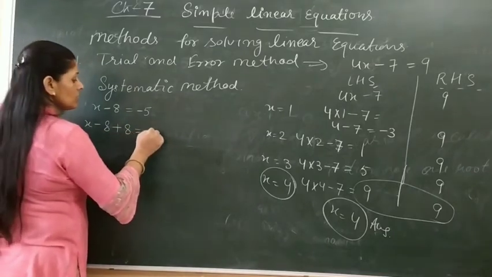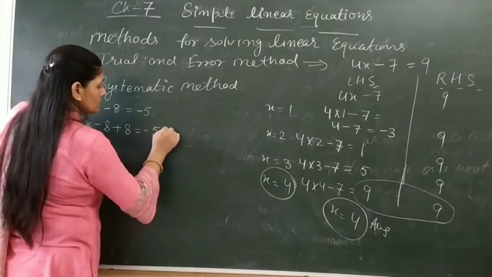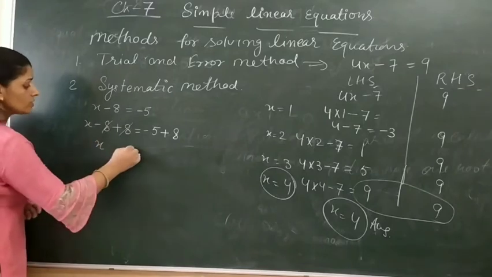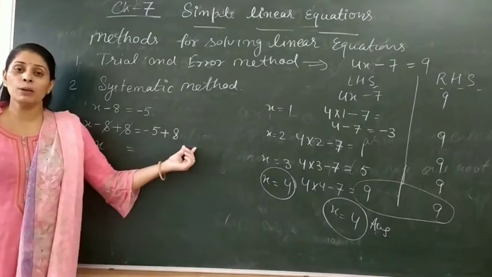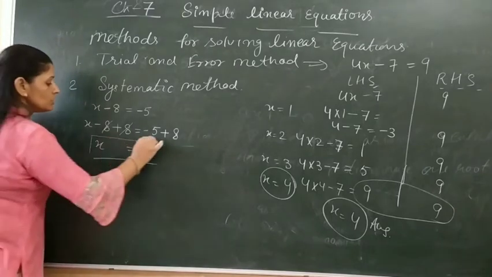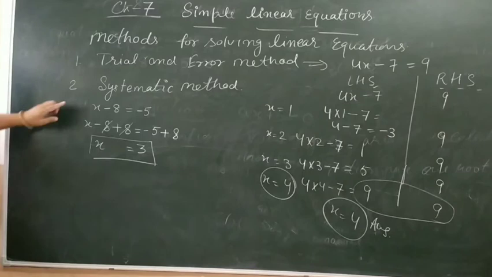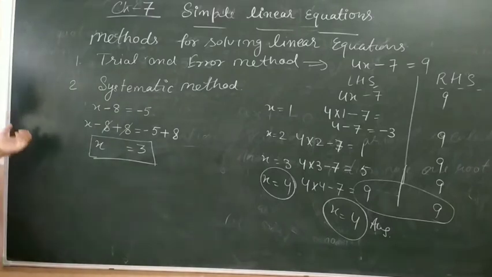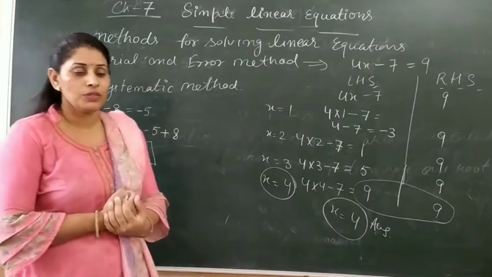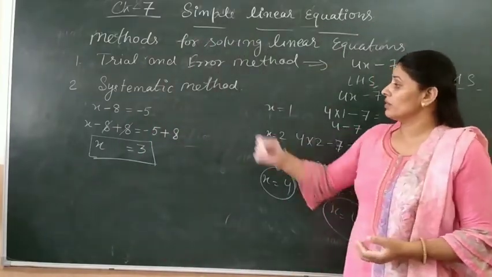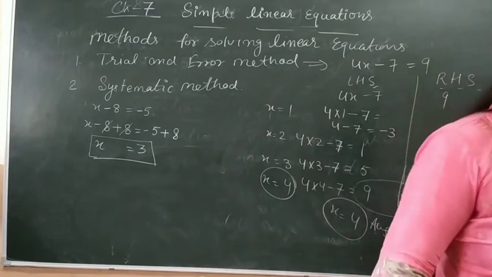So add 8 on both sides. Now these are cancelled. Now x is equal to minus 5 plus 8, and the result is positive 3. So this is the value of x and the root of the given linear equation, that is x is equal to 3, by using the systematic method. In this way, we can solve the linear equation using two different methods.